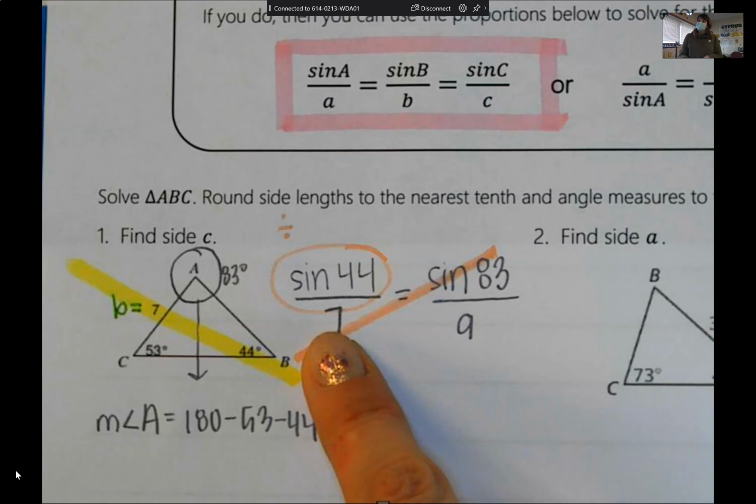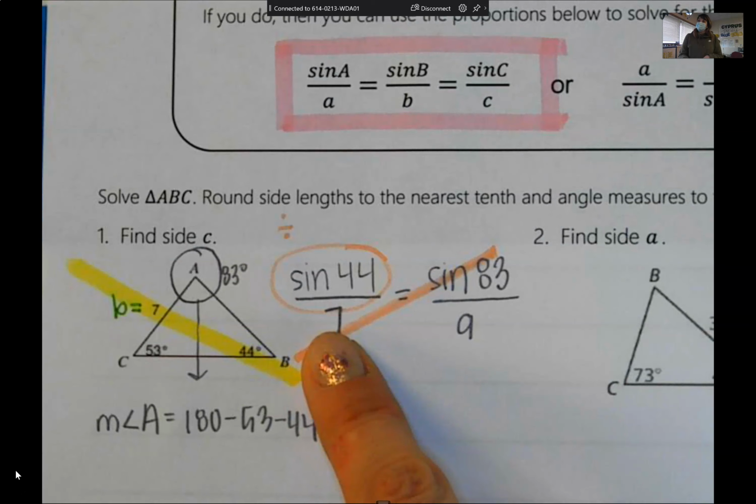So step number 1, when we use the law of sines, is you need to find the angle and side that match that's given to you. So what I mean by that is you have angle B and side B. I'm going to highlight that because this is where we start our law of sines. You have to have a matching side and a matching angle. For all of the problems you do today, you'll have a matching side and a matching angle.